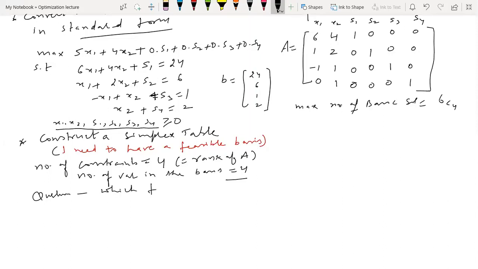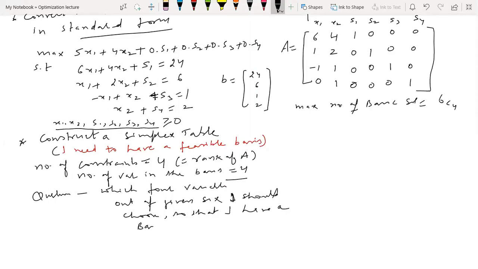which 4 variables out of the given 6 I should choose, so that I have a basic feasible solution.